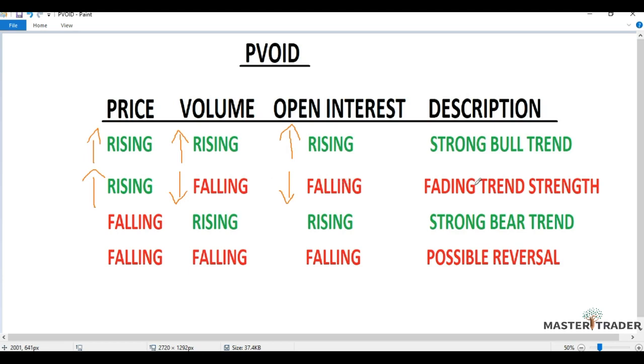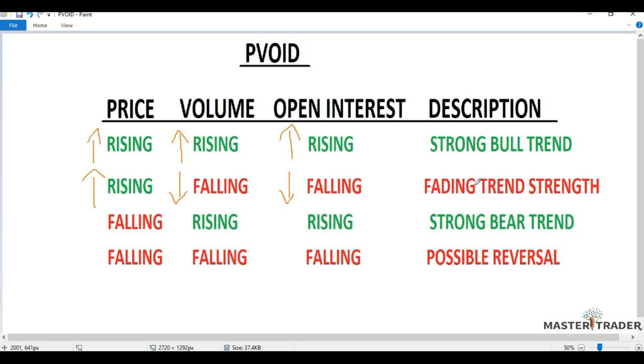What that means is the strength of that trend will start to fade away. If we're in a bullish trend, another name for this can be long unwinding. The people who were long in that particular contract may start to book profits, or we may see fresh sellers or fresh bears coming into that particular contract.